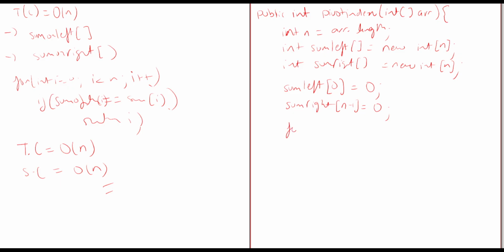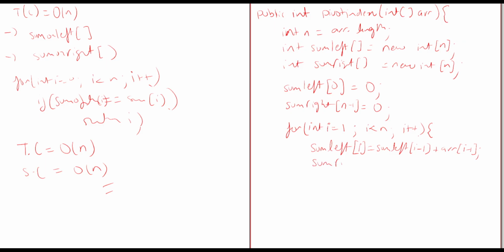Now we will run our loop and i is equal to 1 से चलेंगे because we have 0th position, i is less than n, i plus plus. यहाँ पे sum of left i will be sum left i minus 1 plus array i minus 1. Make sense?